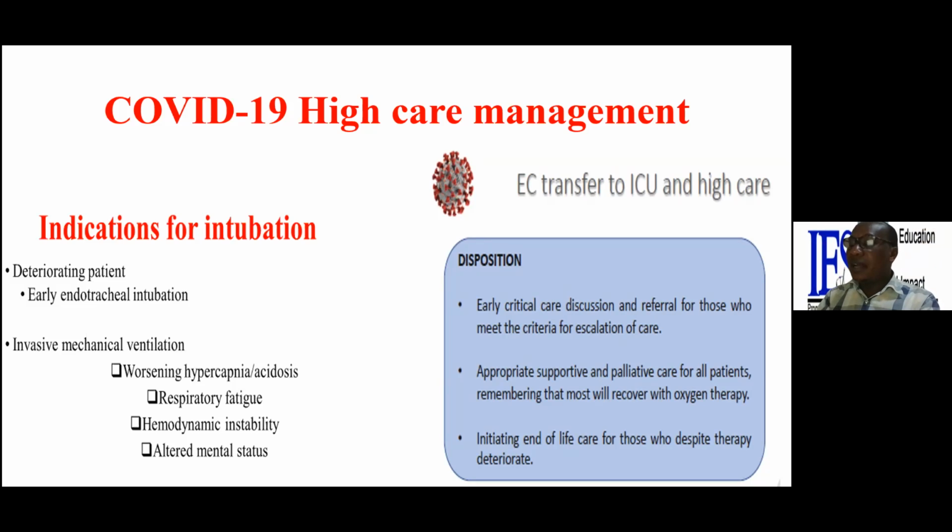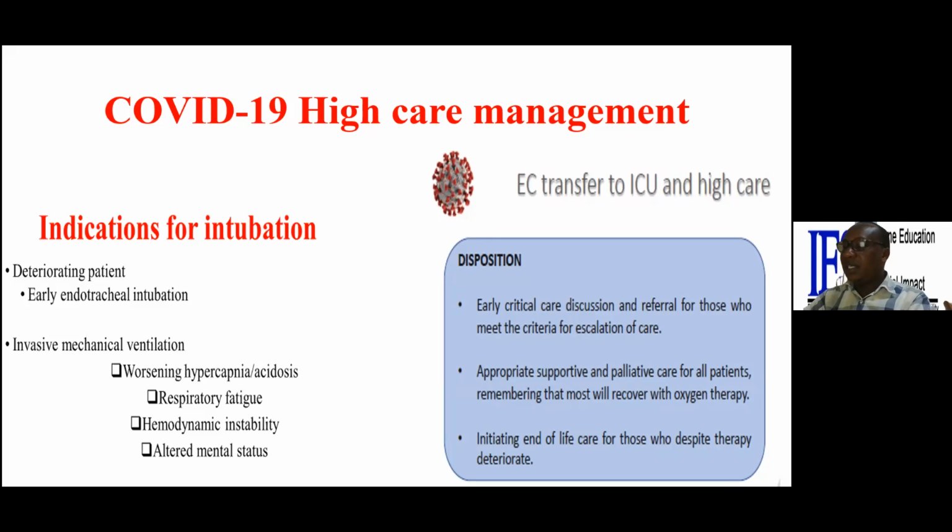So then after intubating your patient, you have to decide the way our patient will go. It means the end of your plan, which we call disposition. So the first one is early critical care support. If you are in a DH, you can transfer to a referral hospital. If you are in a referral hospital, you can intubate and then send to ICU.